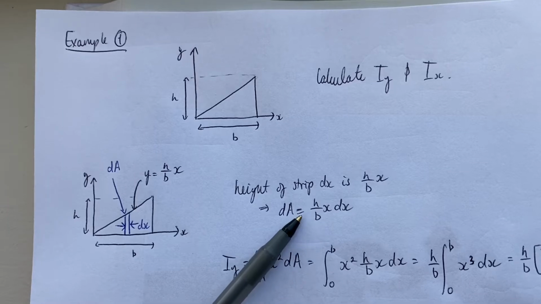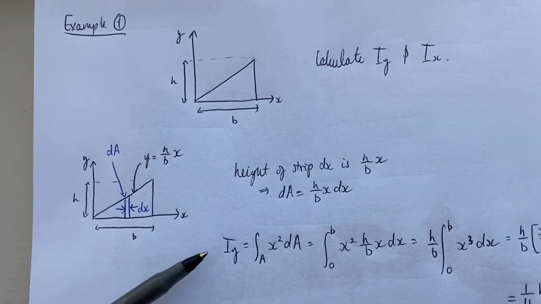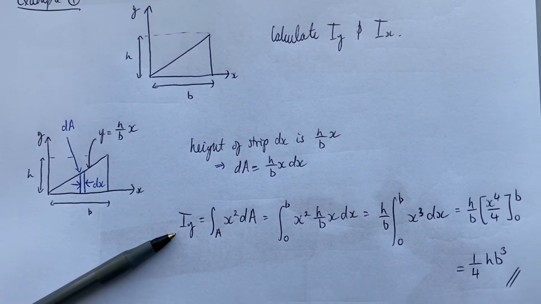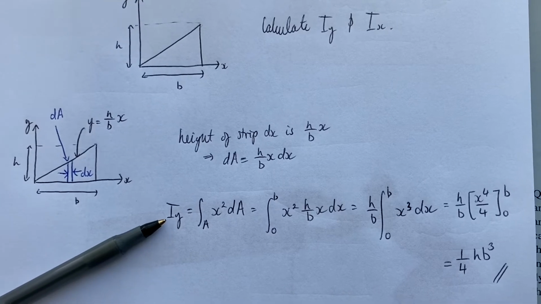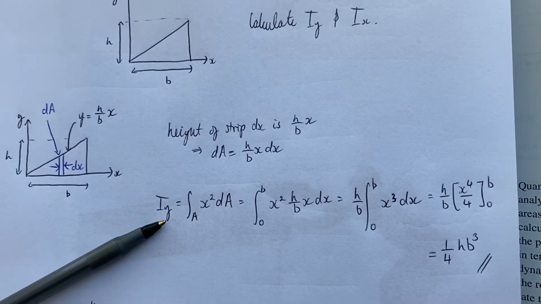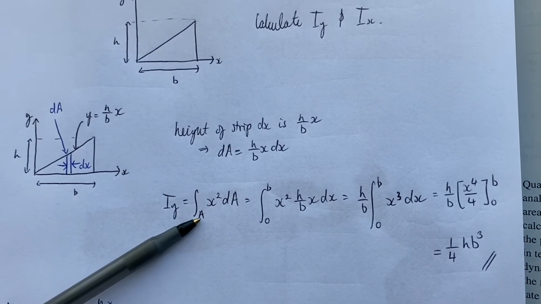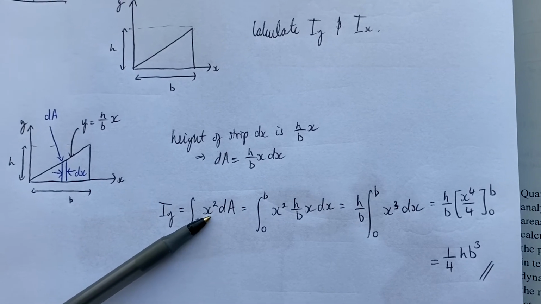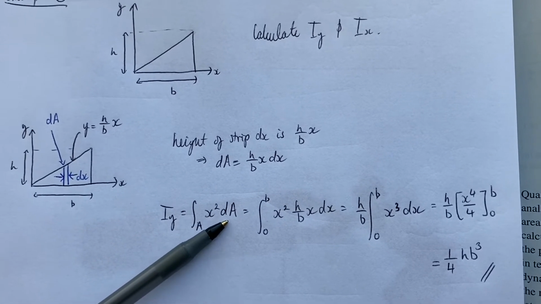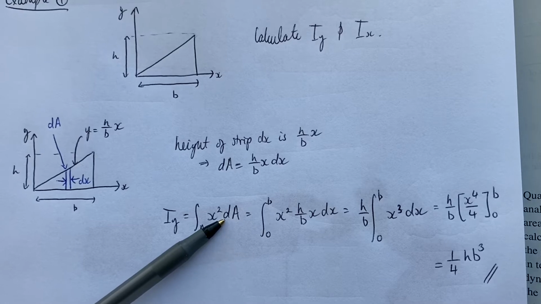So then once we have that piece of information, we can go ahead and put it straight into the formula we've just discussed. The moment of inertia about the y-axis is the integral over the total area of x squared multiplied by dA.